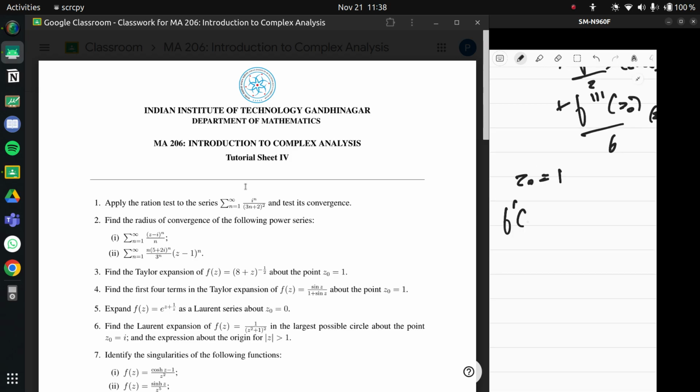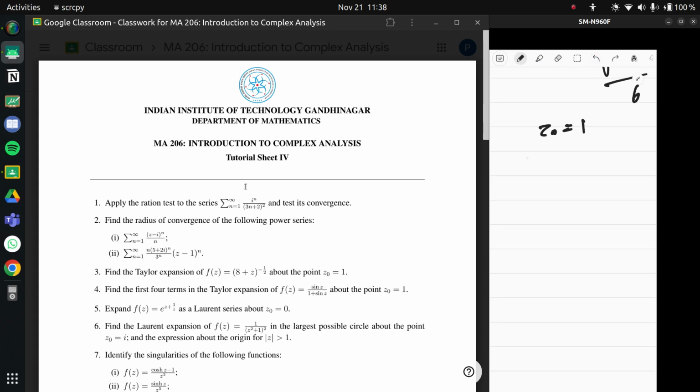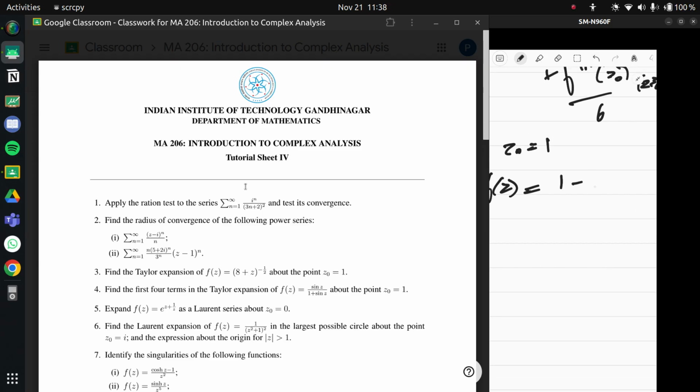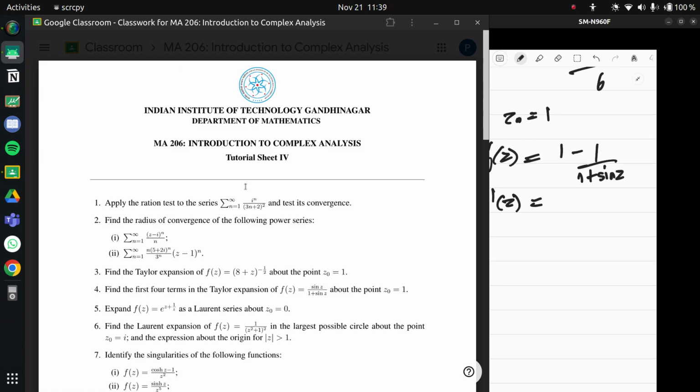Now f dash of z naught. So f dash of z is going to be the derivative of this thing. Firstly, what is f of z? Let's write it in simple terms. There's a plus 1 minus 1 thing, so this is going to be 1 minus 1 upon 1 plus sine z. Then f dash of z, you can use the derivative rules. This is actually very well defined, it's not a problem.